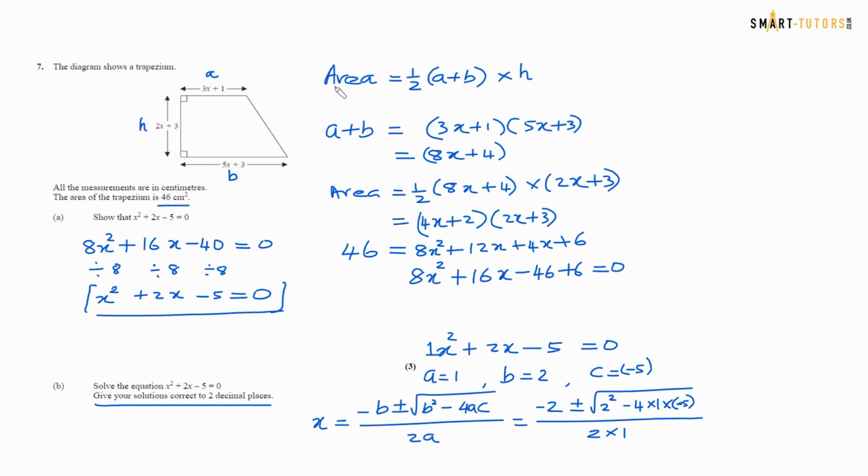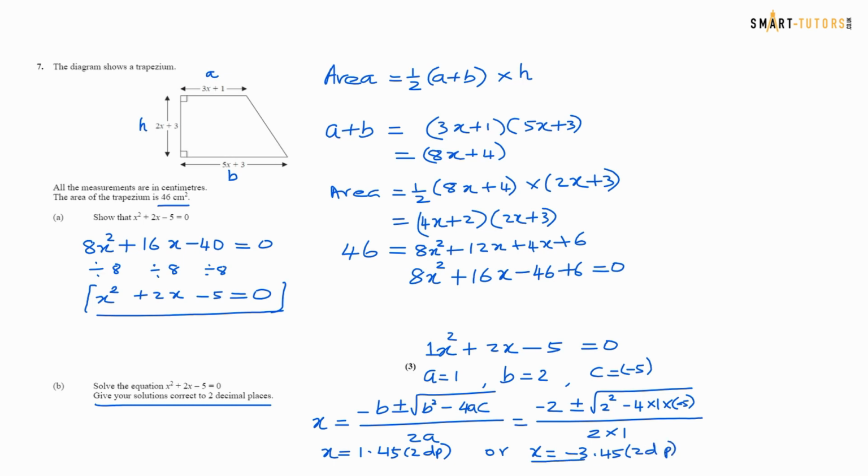So if you press the calculator, you will get 2 answers considering plus and minus. If you consider plus, you will get the answer 1.45 to 2 decimal places, and another answer, x equals minus 3.45, to 2 decimal places as well.